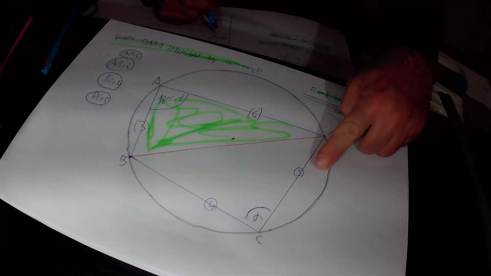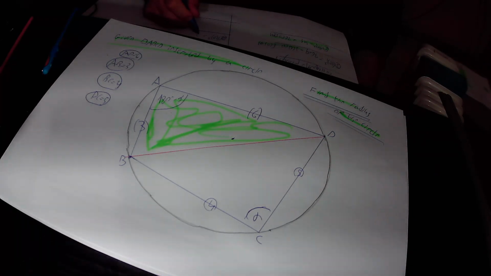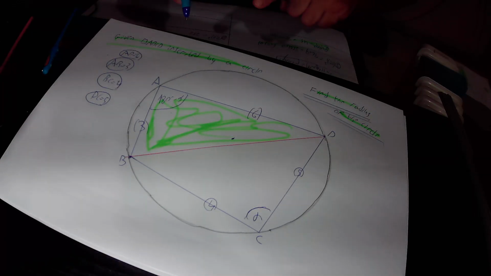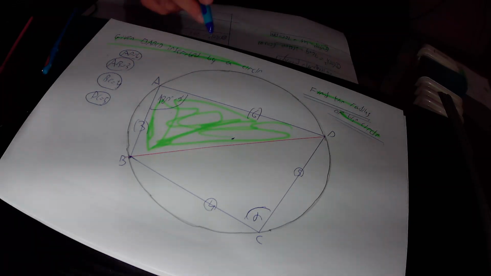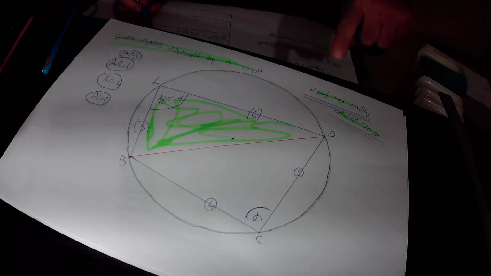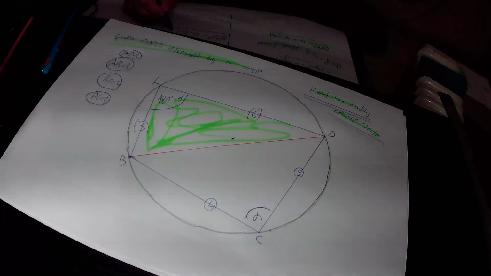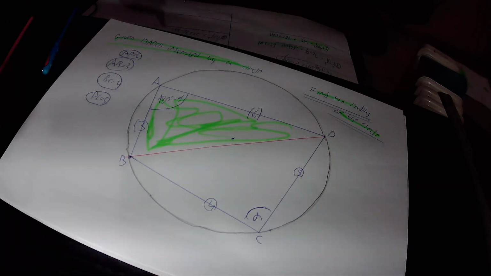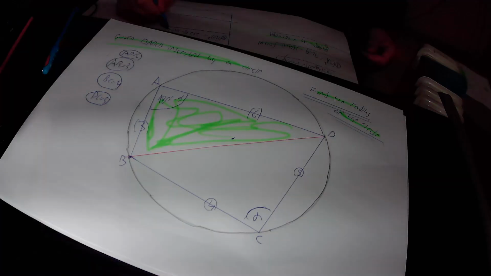DC is 5, therefore DC squared is 5 squared, that is 25, plus BC squared. BC is 4, therefore BC squared is 4 squared, that is 16, minus 2 times DC, which is 5, times BC, which is 4, times cosine alpha.